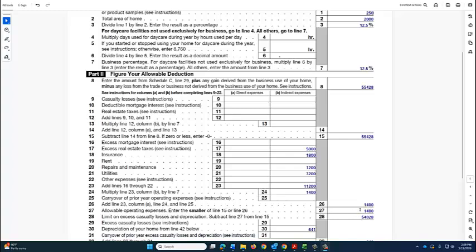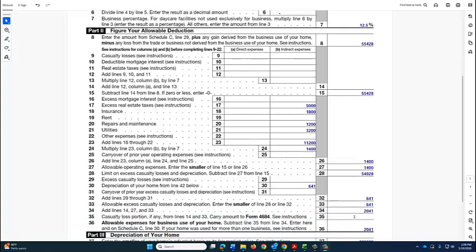With the home office deduction, you cannot use it if you have a loss or to cause you to have a loss. On line 28, we're going to subtract line 27 from 15, and that'll give us $54,028.